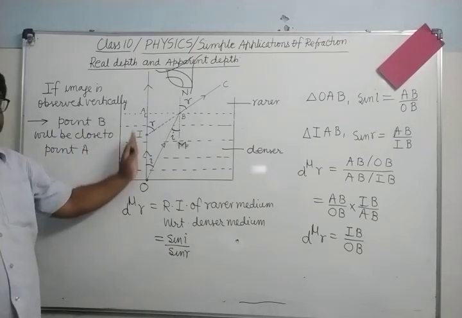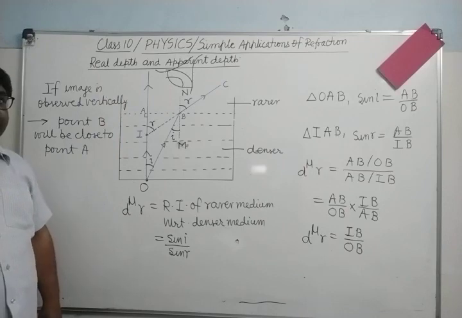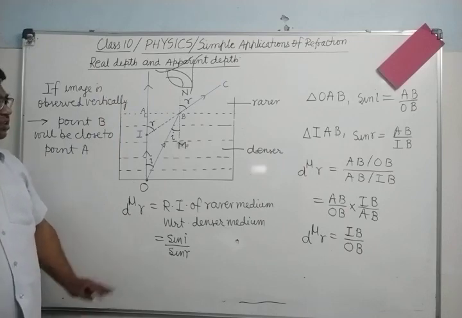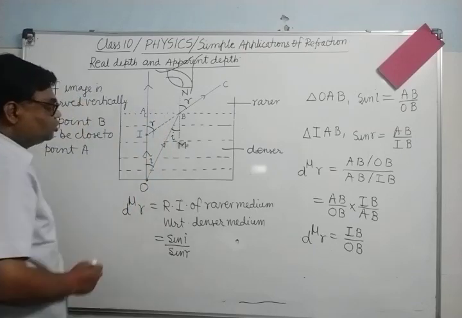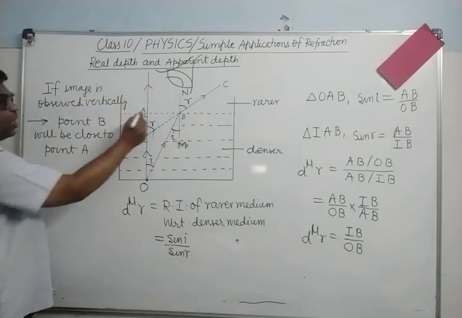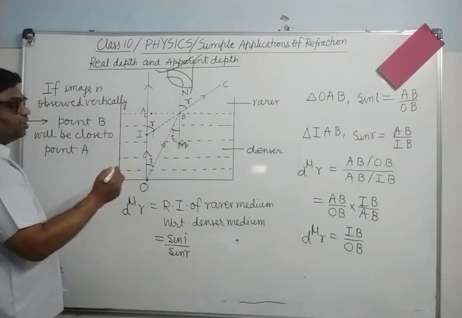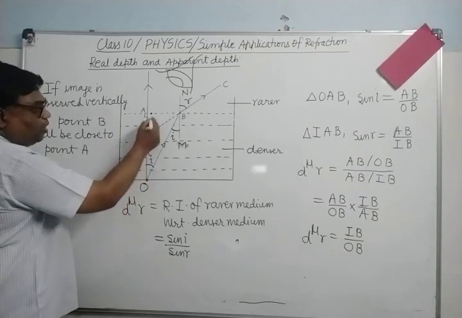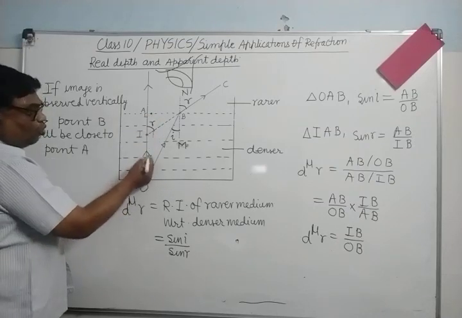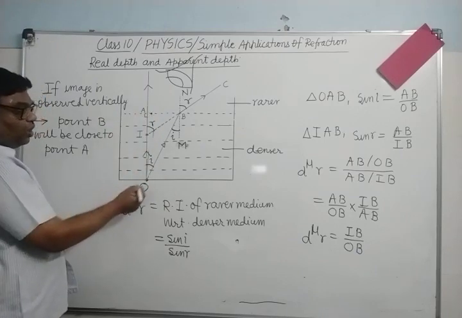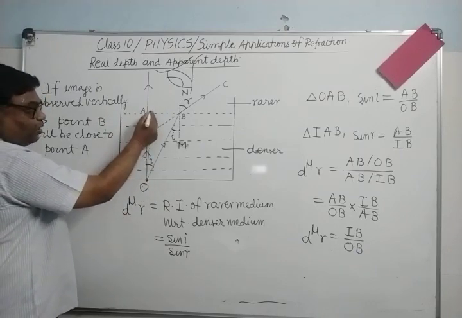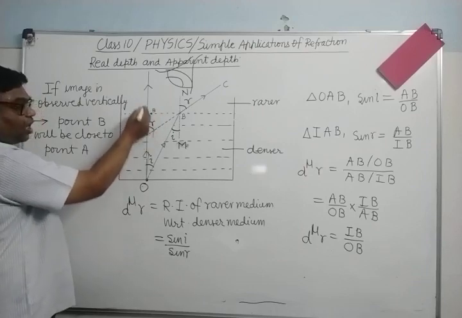When point B is close to point A, OB is close to OA. It's clear? Since it is being observed, OB will be something like this. Here it will be. So in that case, we can assume point B is here. When point B is here, OB will be approximately equal to OA, and IB will be approximately equal to IA.